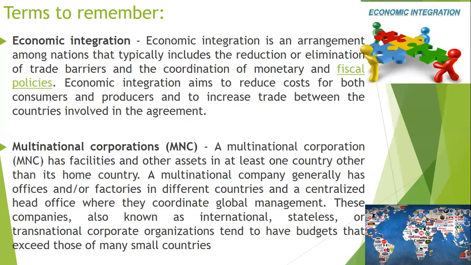Specialists in this area define 7 stages of economic integration: a preferential trading area, a free trade area, a customs union, a common market, an economic union, an economic and monetary union, and a complete economic integration. The final stage represents a total harmonization of fiscal policy and complete monetary union. So that is economic integration explained.